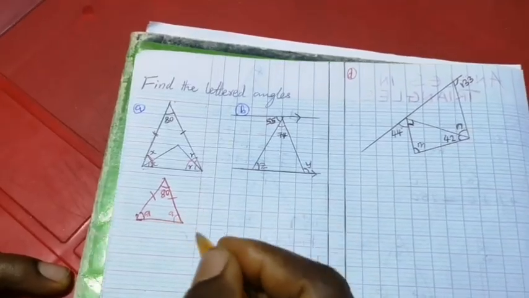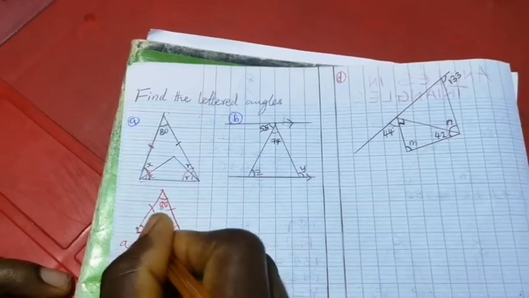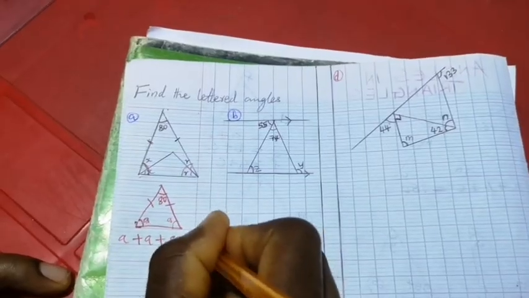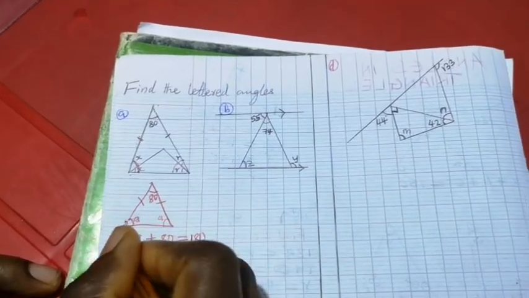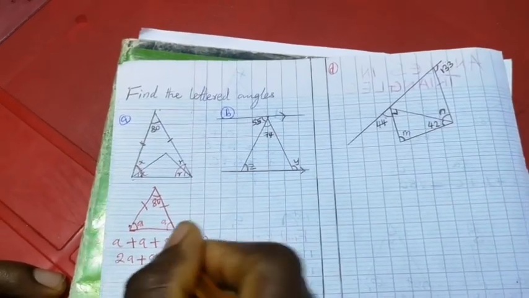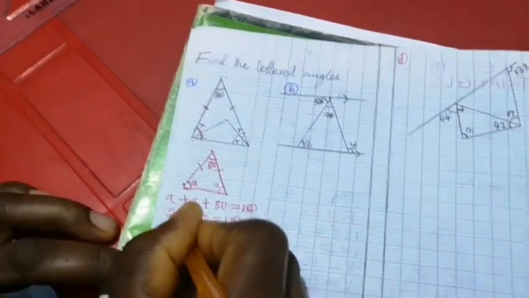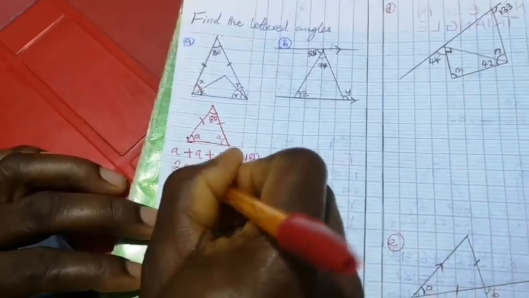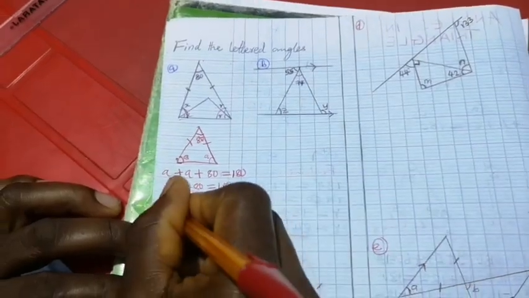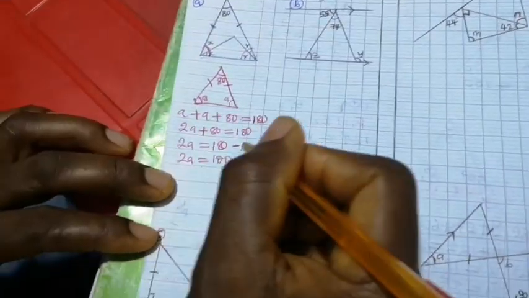Okay, so I can now say A plus A plus 80 is 180, so that 2A plus 80 is equal to 180. Now 2A is equal to 180 minus 80. 2A is equal to 100.